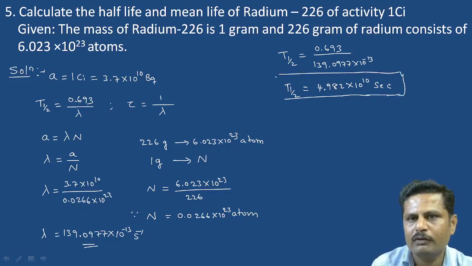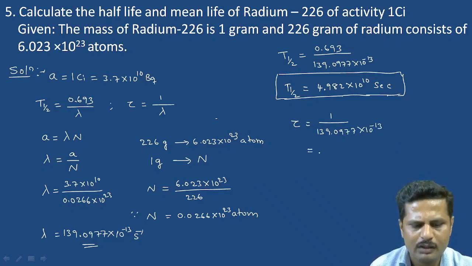Next, we need to find out the mean life. Mean life is tau equal to 1 divided by lambda. In place of lambda, I substitute 139.0977 into 10 raised to minus 13.